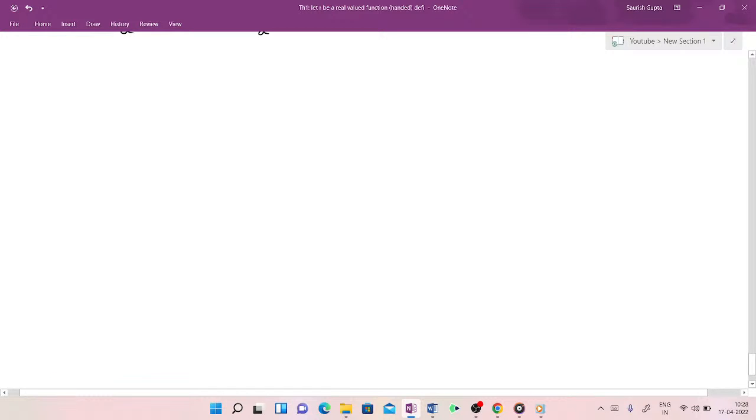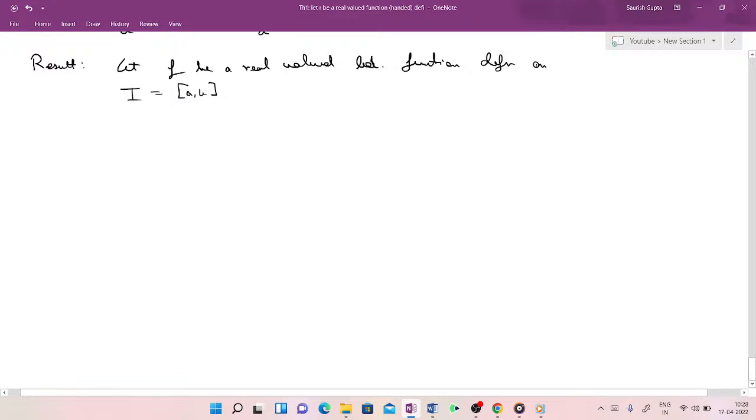So from here, let's check a few results or a few theorems related to this lower and upper integral. For example, there's a very important result for lower and upper integral, that is: let f be a real valued bounded function defined on I equals to a, b, then the lower integral from a to b of f(x) dx is less than or equal to the upper integral from a to b of f(x) dx.